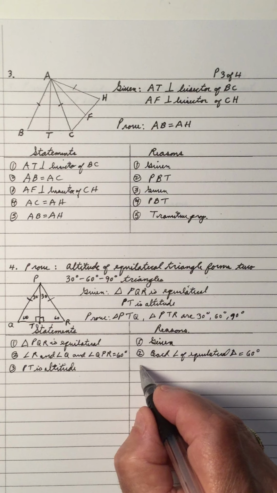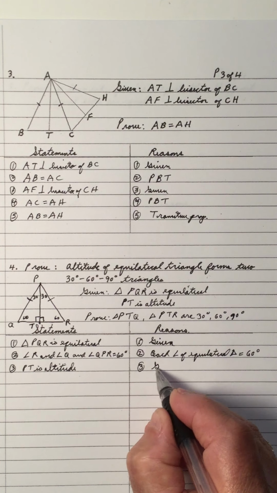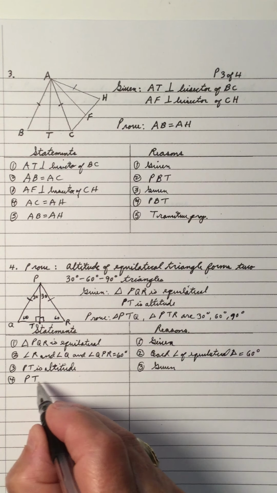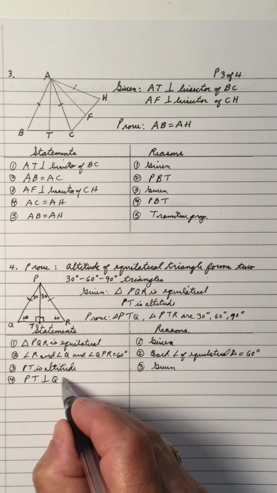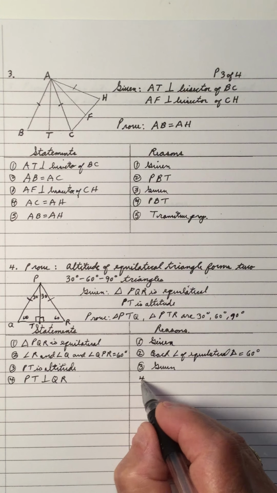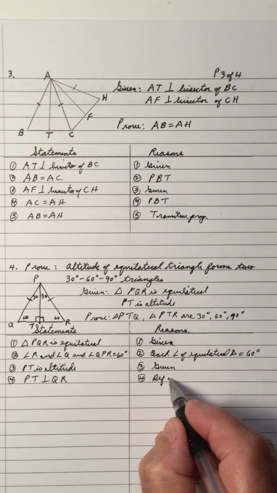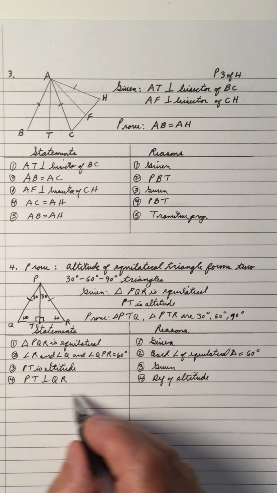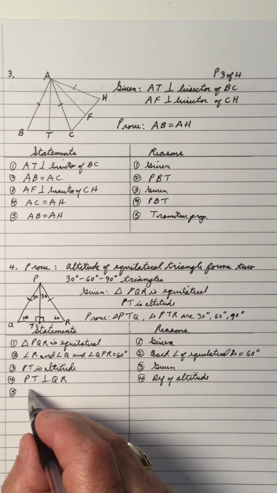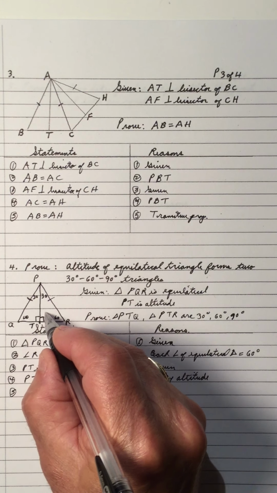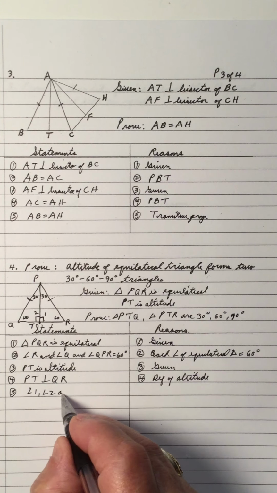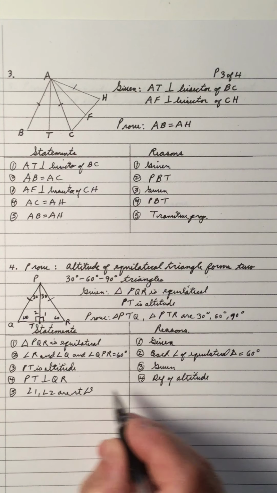Because it's an altitude, that's a given. That means that PT is perpendicular to QR. That's the definition of an altitude. And as a result, let's name angle 1 and angle 2 here. Angle 1 and angle 2 are right angles.